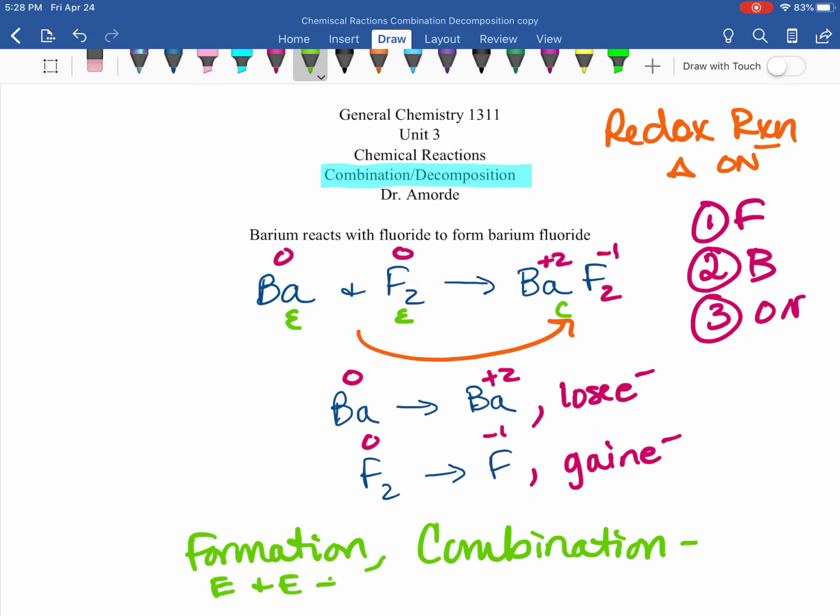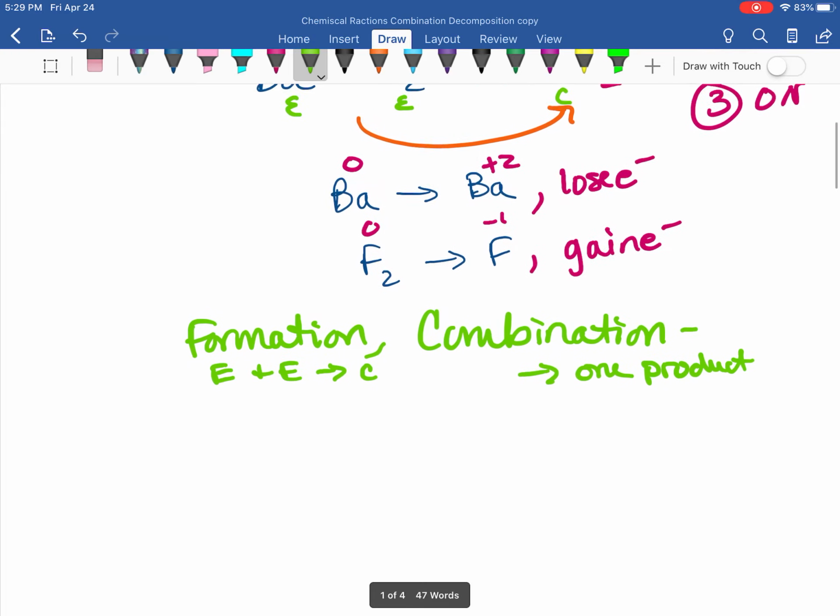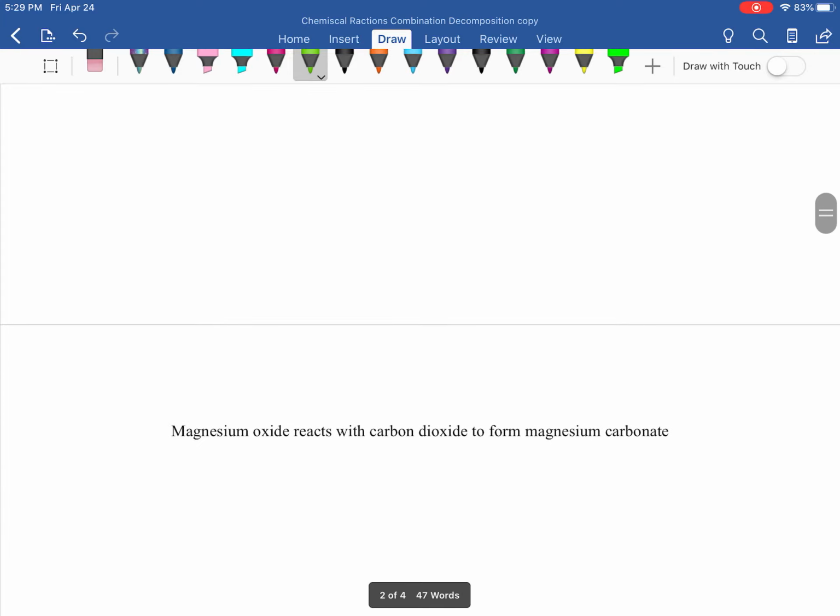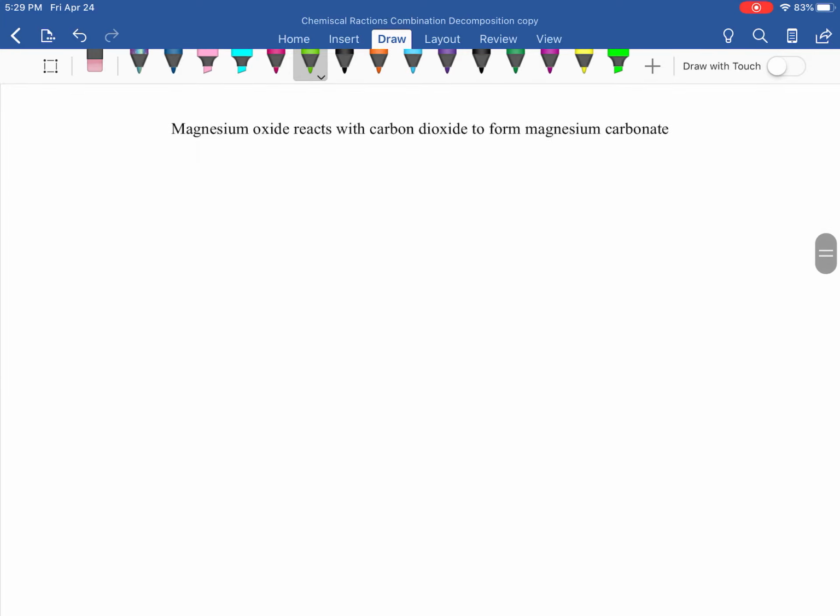As a reminder, for a redox reaction, we have a change in oxidation numbers. For a formation reaction, we have only elemental forms on our reactant side, and we make a compound. And what makes a combination? We have one product. That's it. We have a bunch of stuff combined to make one product.